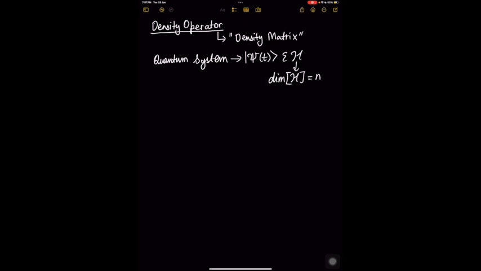Density operators are also commonly known as density matrices, and it is denoted by this rho hat of t. It is an alternative representation to a quantum system.